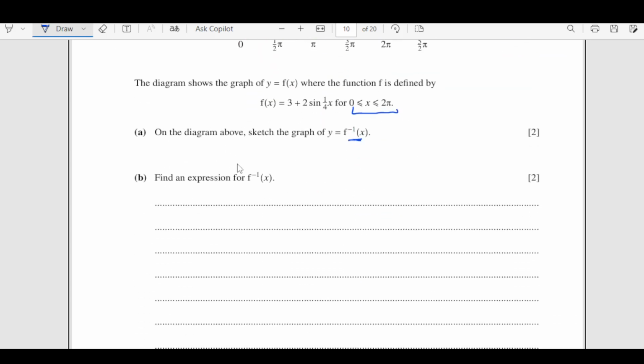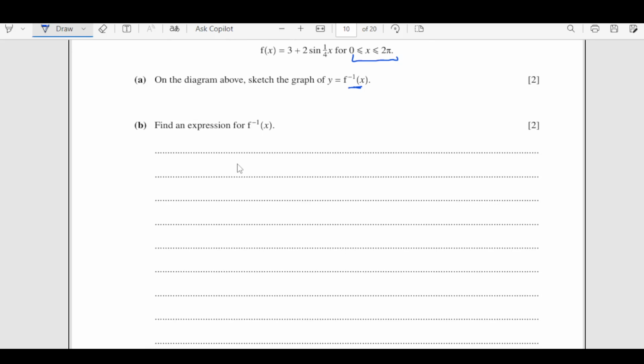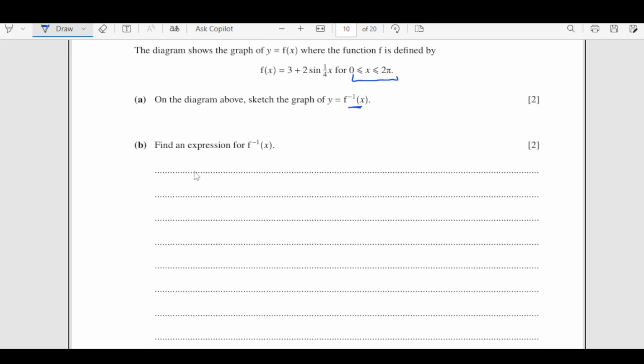Now next, find the expression f inverse x. So we have f(x), which is 3 plus 2 sine 1 over 4x, right? So let's say this is equal to y equals to 3 plus 2 sine 1 over 4x. So this is y minus 3 equals to 2 sine, go step by step, 1 over 4x.